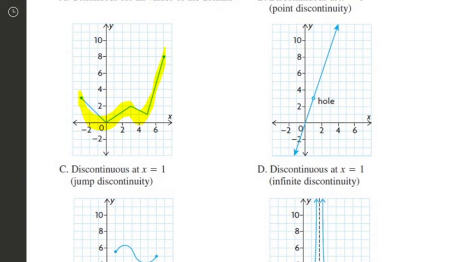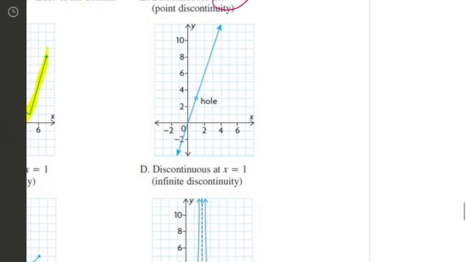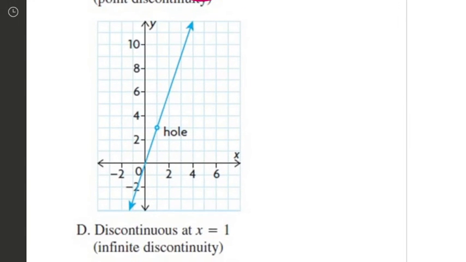Here, case B is a discontinuity at x equals 1. If I really zoom in here, here's a graph. This graph looks like it has a y-intercept of 0 with a slope of 3, so it looks like a graph of 3x, but you have a hole.